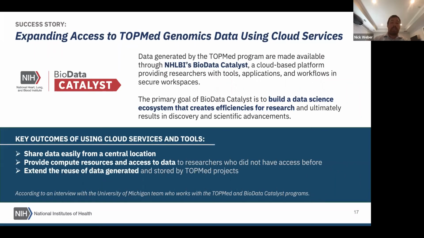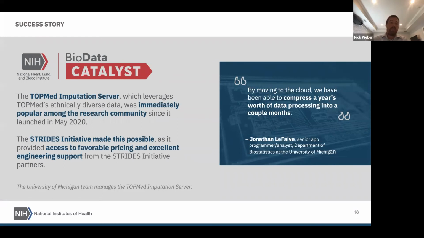Extending that a little bit, they've also developed what's called an imputation server, a highly computational analytical tool that was able to process all of those data that were moved together. It allows researchers to process those data.